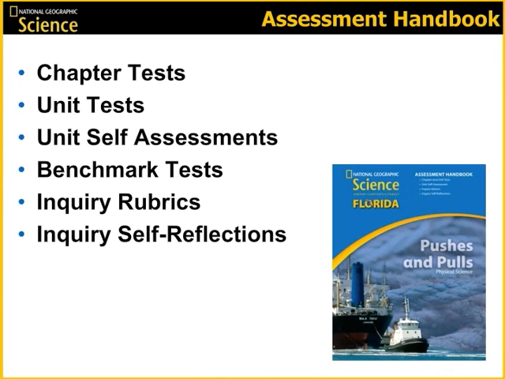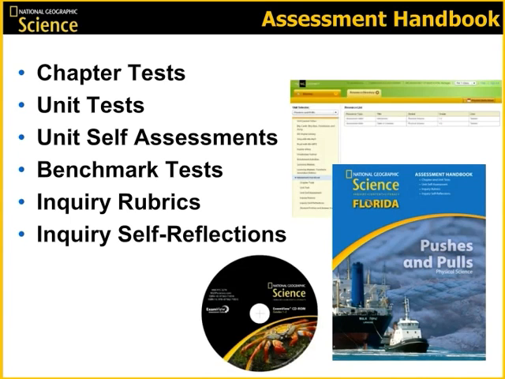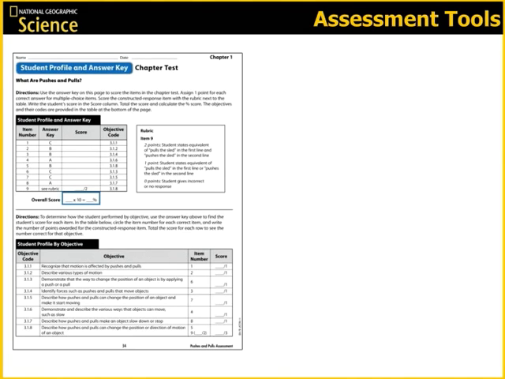The Assessment Handbook also includes inquiry rubrics and inquiry self-reflections to assess students' performance on inquiry activities. And all of these tools are also available on MyNG Connect, and you can use the ExamView CD-ROM to customize chapter and benchmark test by selecting or adding items.